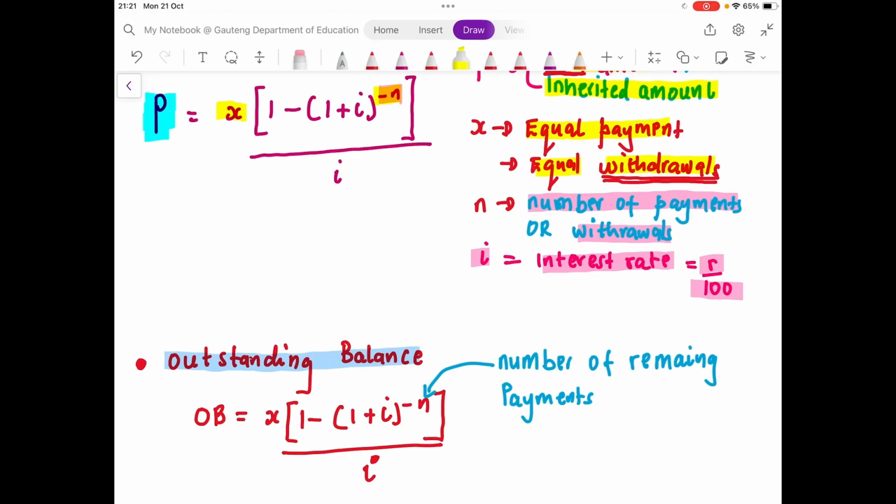So the outstanding balance, OB, is equal to, now if you look at these formulas, they are exactly the same. However, if you are calculating an outstanding balance, instead of n, you put the number of remaining payments. For example, if you were supposed to make 10 payments and you have made 2, that means your n will be 8. So you put the number of payments that are remaining. That is your n when you calculate an outstanding balance.